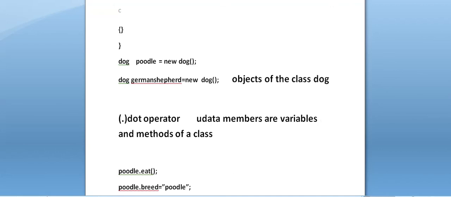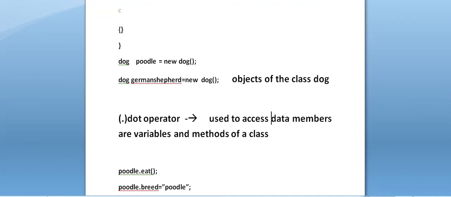So what is it? The dot operator is used to access data members. That is, data members, which ones are they? Data members, variables and methods of a class.